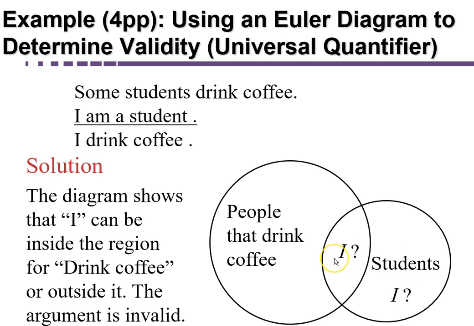And some students would be coffee drinkers, some would be non-coffee drinkers. So the idea is, where do you place the I? Do you place it inside the big circle, or could you place it outside? And again, when there's a question as to where you're going to place it, then that is an invalid argument.